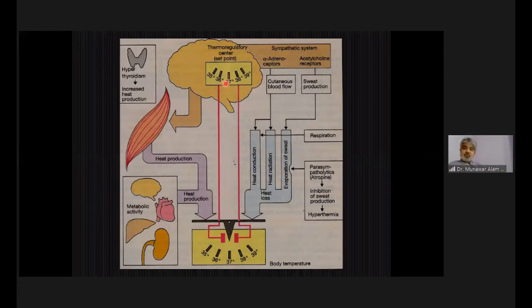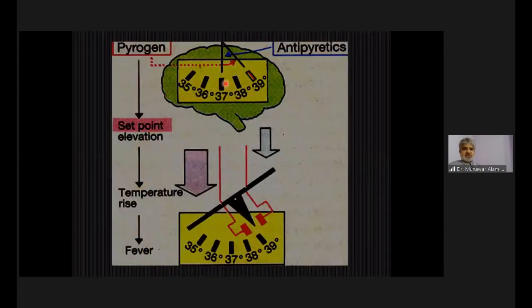So if your set point is raised above 37 degrees centigrade, for example, it is set at 39, this feedback system will not work up to 39. When your body temperature goes beyond 39 or below 39, then feedback messages are created and sent that now my body temperature is going beyond 39 degrees centigrade, so please do something for my body.